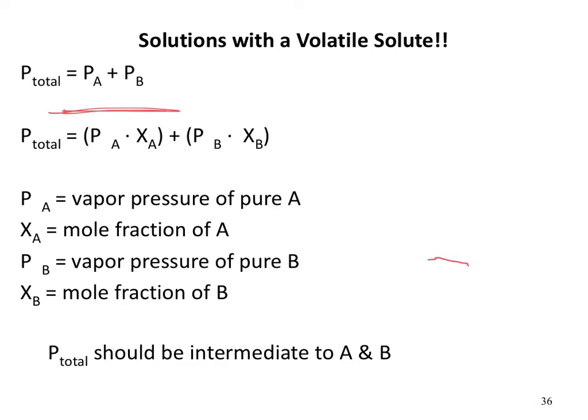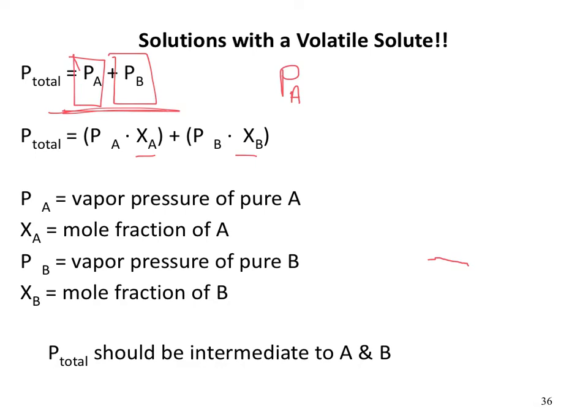So realize that since in this case both of the components are going to be volatile, both of those are going to contribute towards the overall pressure. You can write down that the pressure of, let's say, component A is going to be dependent on the vapor pressure of that component, and the B component likewise is going to decide what the overall effect is due to that particular component.